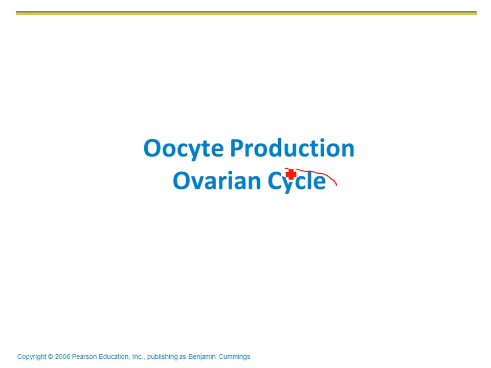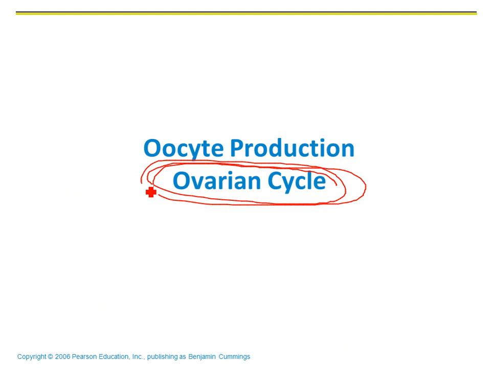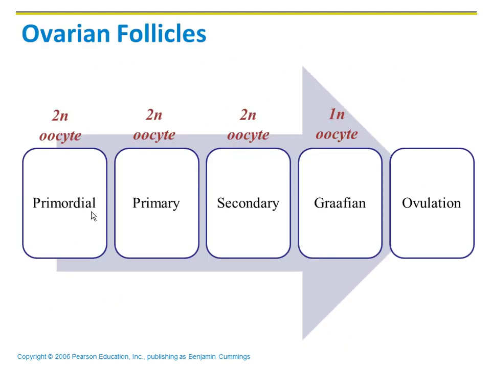So let's shift our focus right now on the ovarian cycle and how we're going to make this oocyte. Remember, even before this, in our development, we had oogonium. And the oogonium underwent a few physical changes, and it got a layer of cells wrapped around it, and it became a primary oocyte.